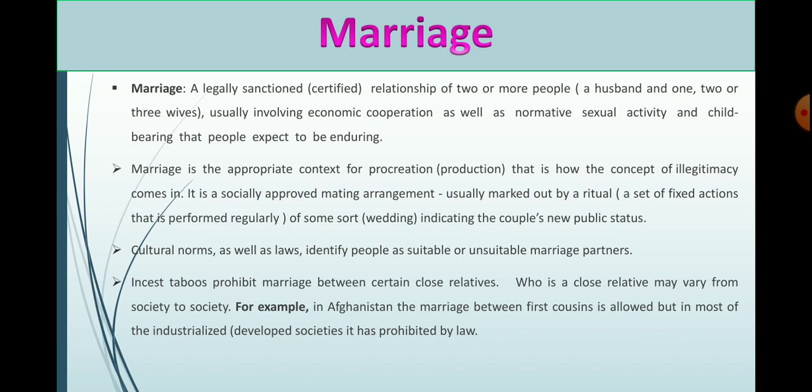Marriage is appropriate for creating the context, or we can say for having children. It is a socially approved mating engagement, usually marked out by a ritual, or we can say a set of fixed actions that is performed regularly, or a wedding, indicating the couple's new public status.